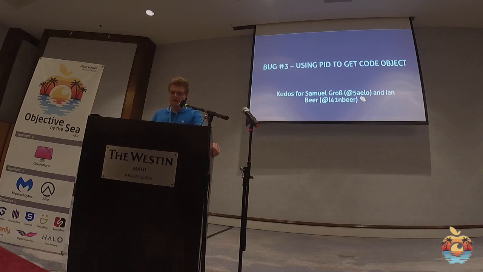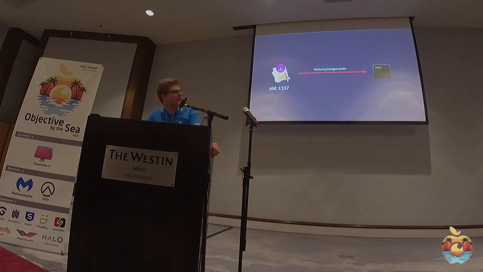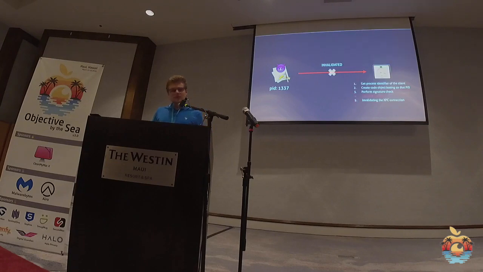But to easily imagine that situation, let's see this example. We have a malicious application that asks the server to perform the privileged action. And now we know that we have to somehow validate the client. So the connection, of course, will be invalidated because the signature doesn't match.